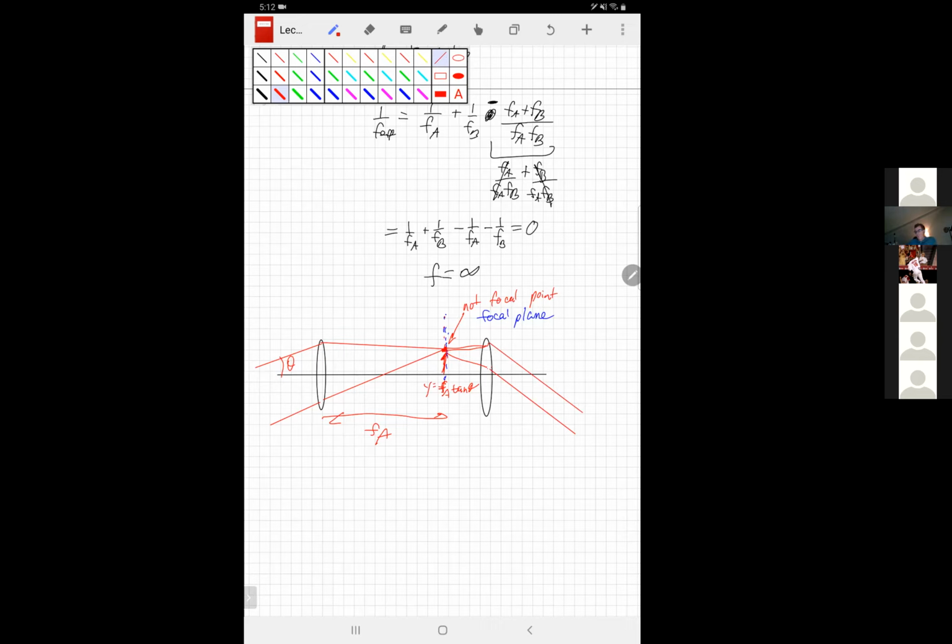If they all go parallel to each other on the other side, how are we going to calculate that angle? We'll call this theta 1, the angle that it's coming in at, and theta 2, the angle that it comes out at. How are we going to calculate theta 2?